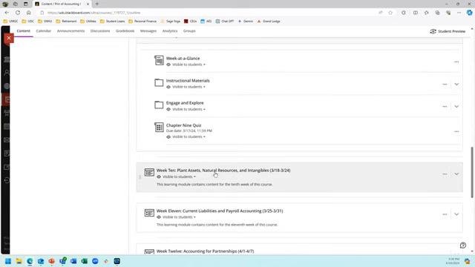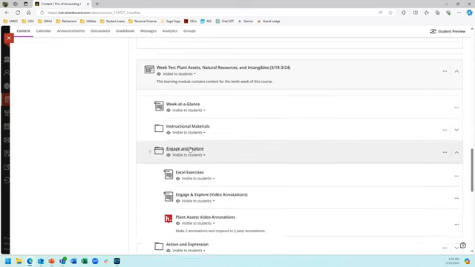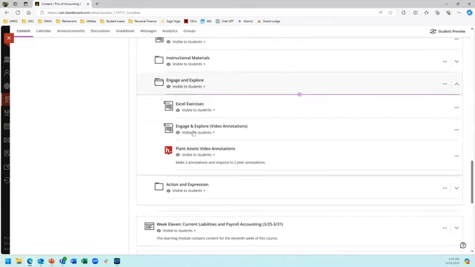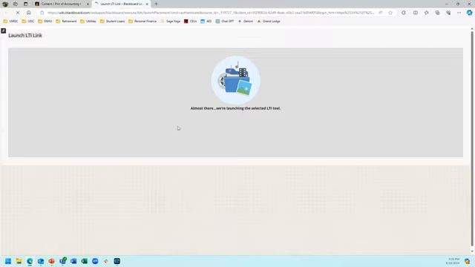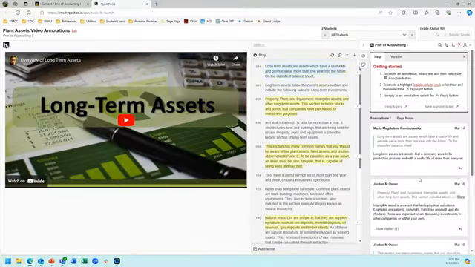For this week, what we got going on is we're going to talk about property, plant, and equipment, which are also known as fixed assets. You'll have a hypothesis video for this week. Just as before, you'll open up the video, watch it, highlight, and make your hypothesis.